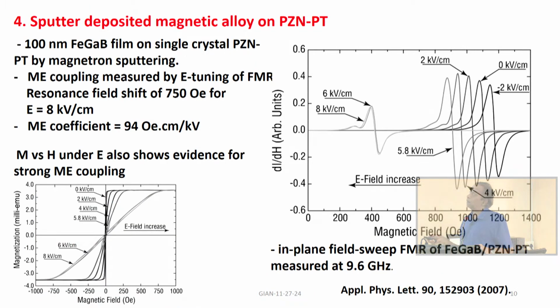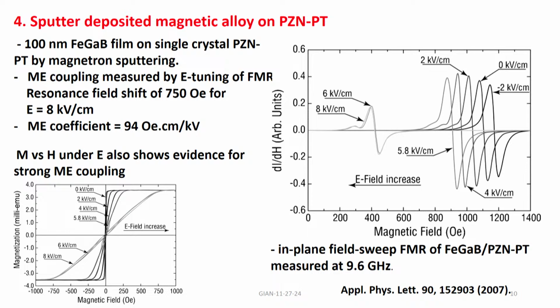So, there are also other types of films. For example, the one shown here is an alloy film of iron, gallium and boron on single crystal PZN-PT substrate. And once again, the ferromagnetic resonance was used for characterizing the converse magnetoelectric effect, and also they did the measurements of the magnetic hysteresis, M versus H, under an electric field.